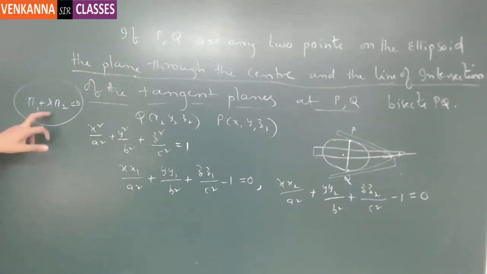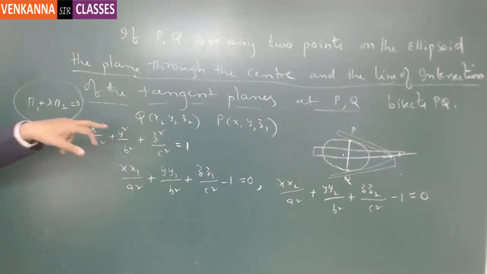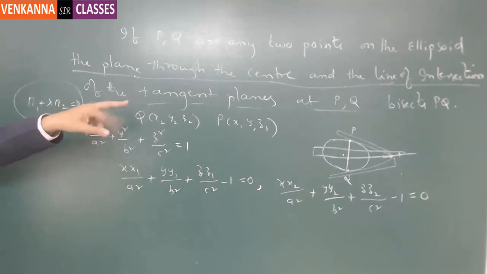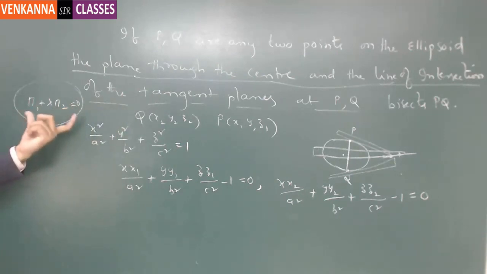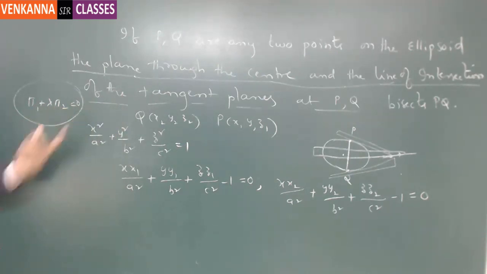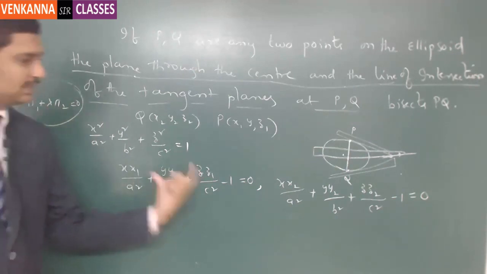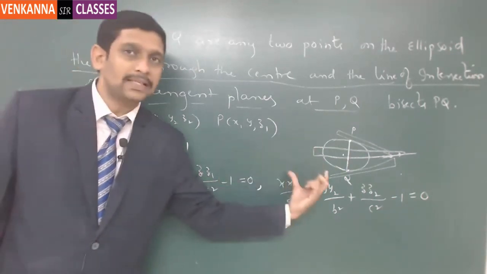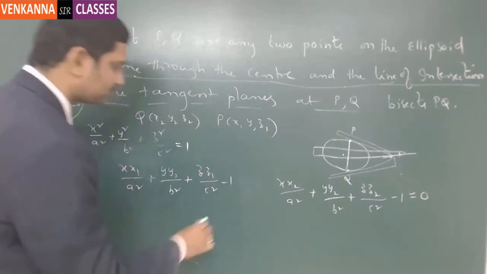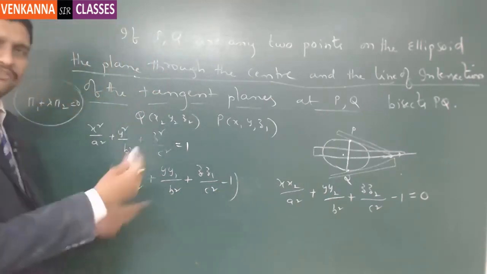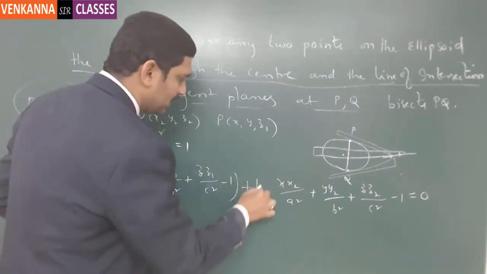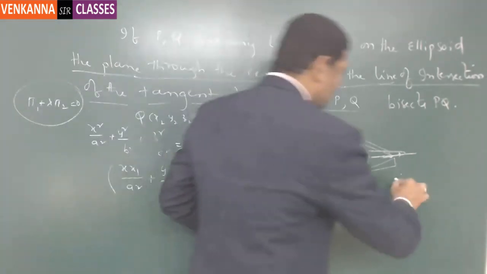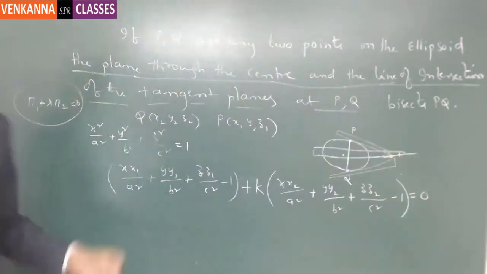So this formula we are using to calculate a new plane which passes through the intersection of two planes. There you have solved so many problems on that. So if this is pi 1 and this is pi 2, you have pi 1 plus, for lambda I will take k, into pi 2 equal to 0.